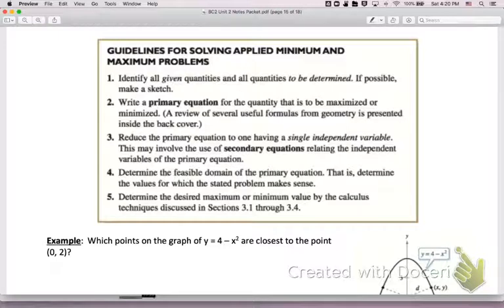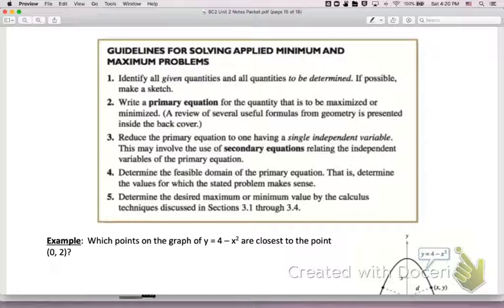You need a primary equation that describes whatever thing you want to be maximized or minimized. Then you're going to need a secondary equation, maybe to do some substitutions so that you only have a single variable in your primary equation. It's kind of like working with systems in that case.